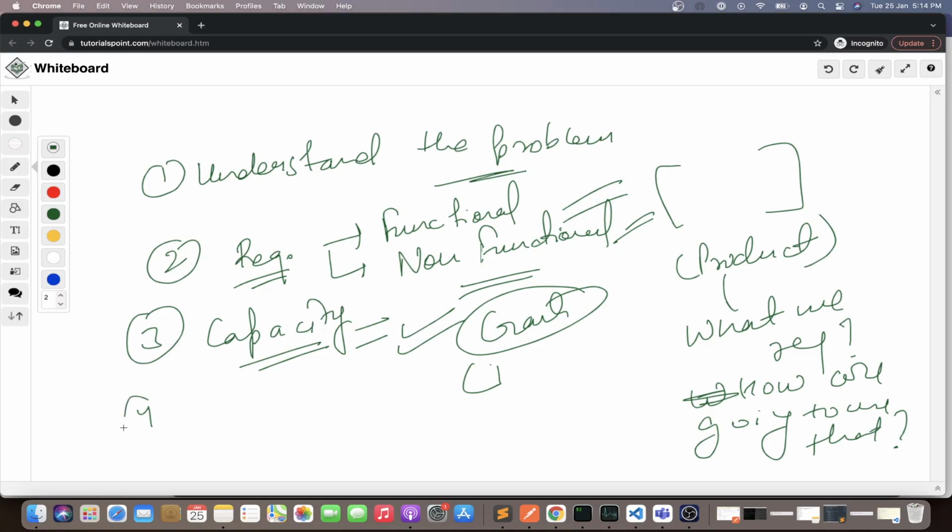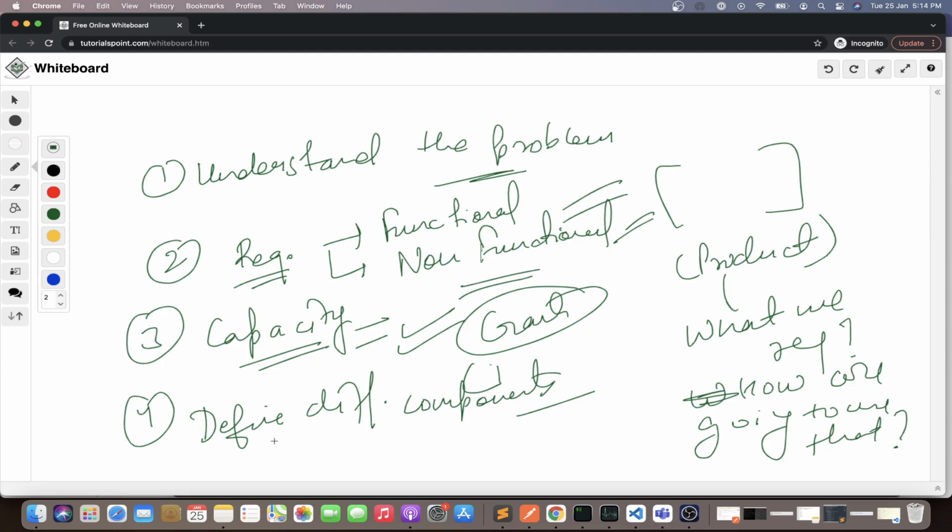The last step is we need to define different components. We need to know about the different modules or components that we have to use while building that product. This is very important.